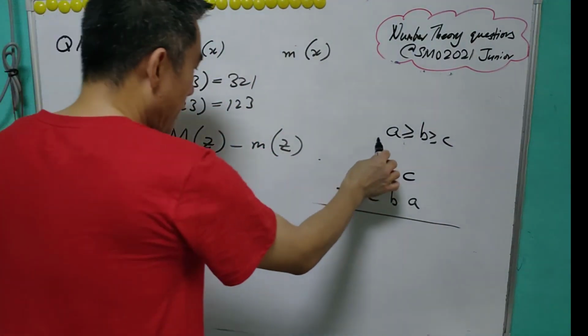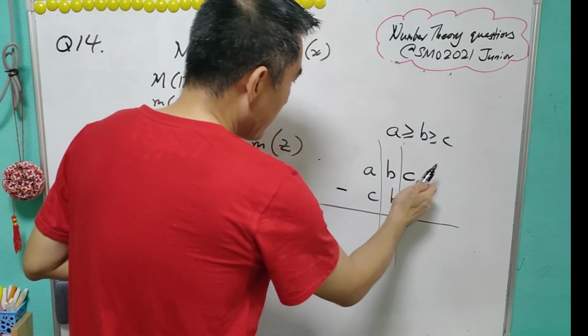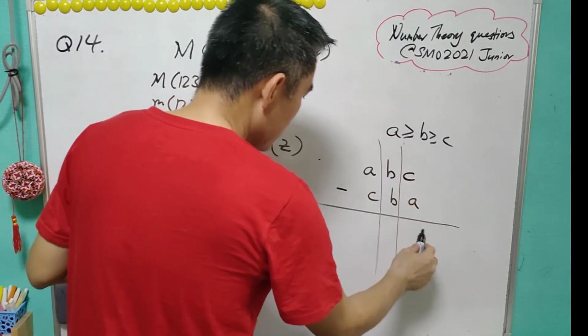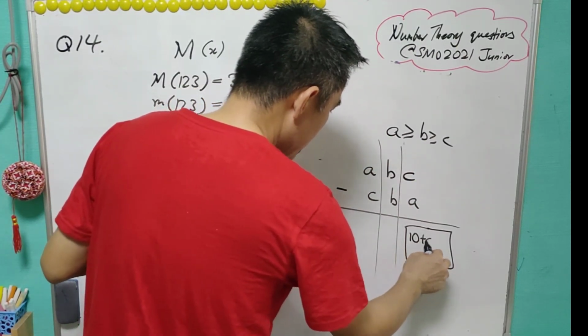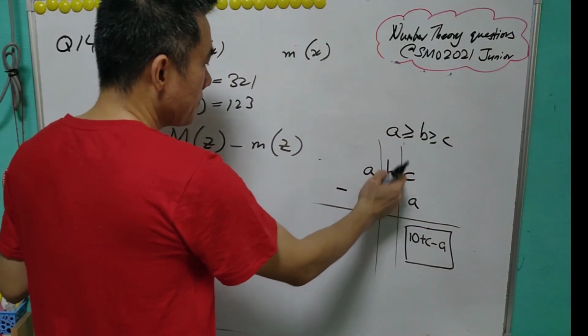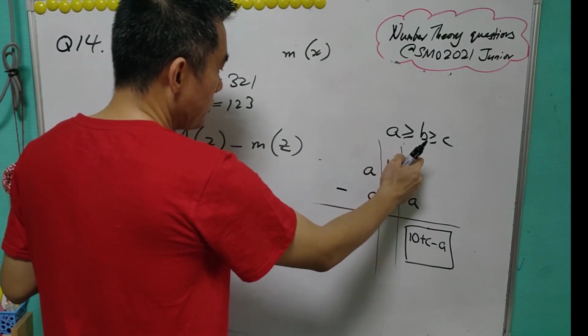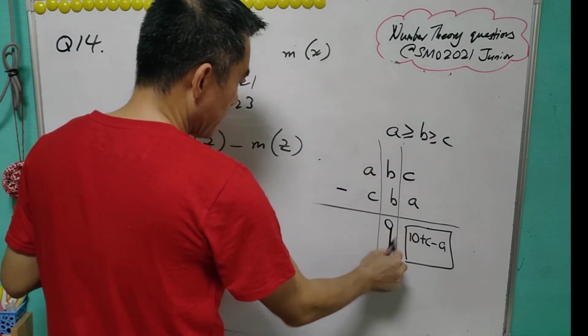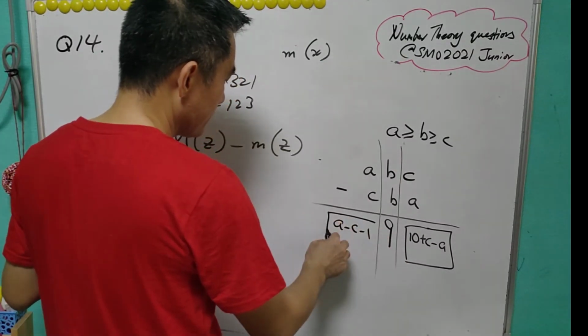If so, then we'll look at each of the digits of z. So we know that C is smaller than A, then this will be 10 plus C minus A. This is B minus B, but 1 borrowed to the next digit, so this must be equal to 9. For the first digit, it must be A minus C minus 1.